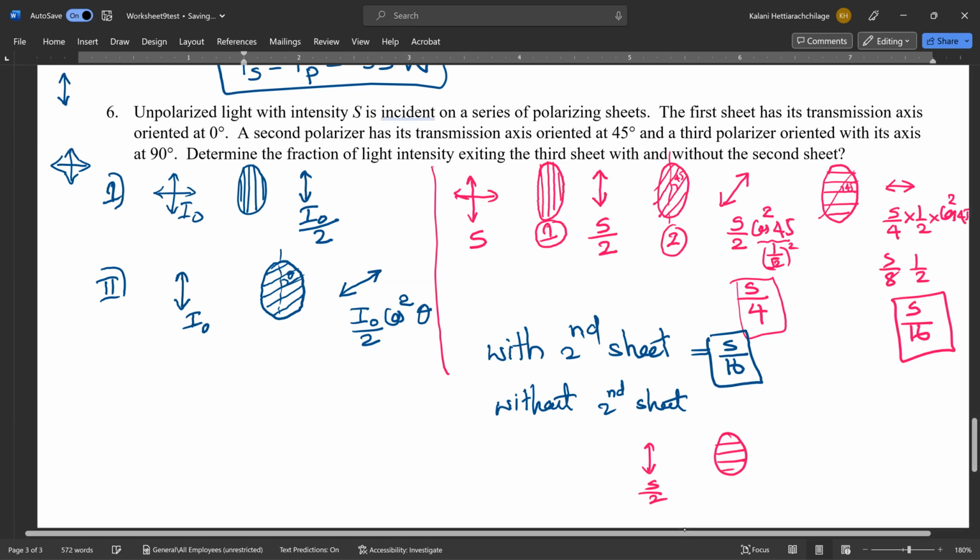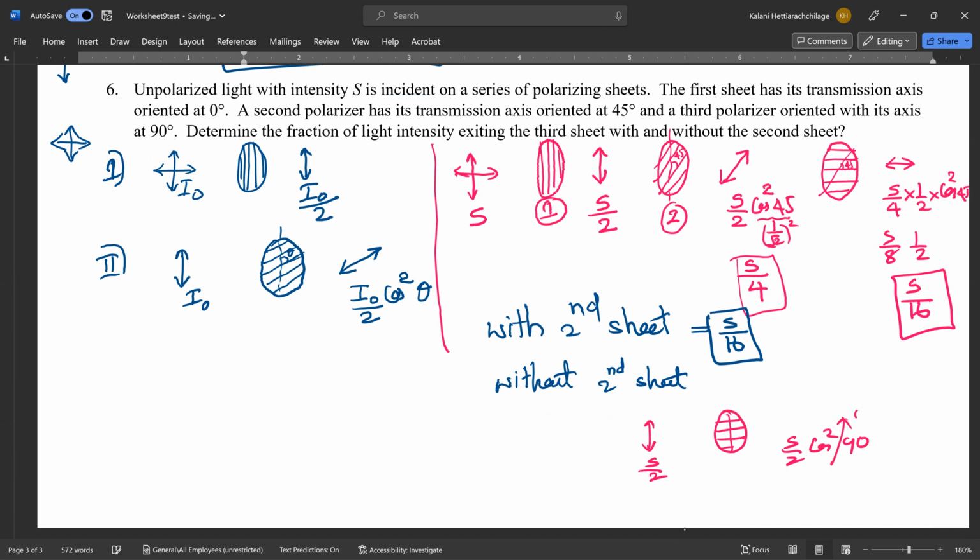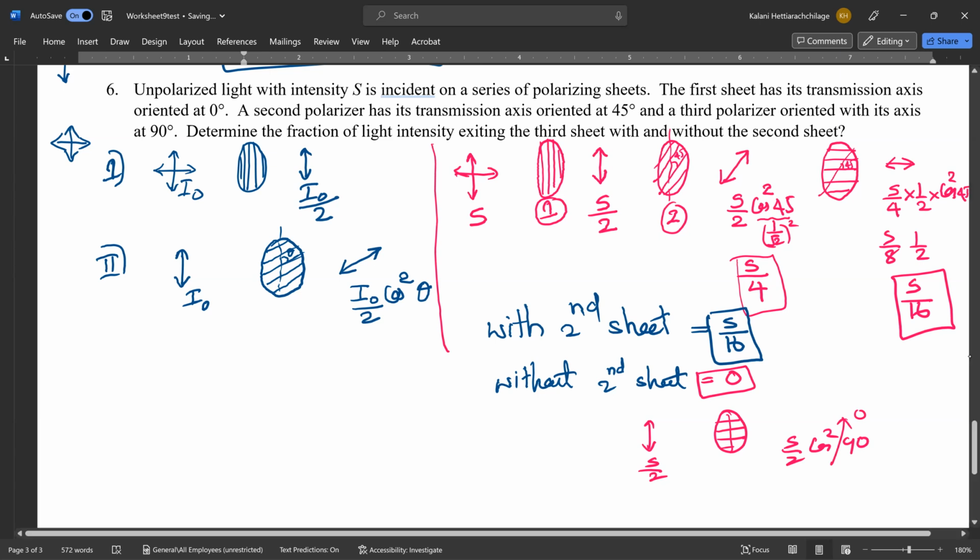So the angle between your incoming light and the sheet will be 90 degrees. What you get here is S over 2 times cosine squared 90 degrees, and this part is now 0. Because of that, your intensity will be 0. Okay, so that's it for this worksheet.